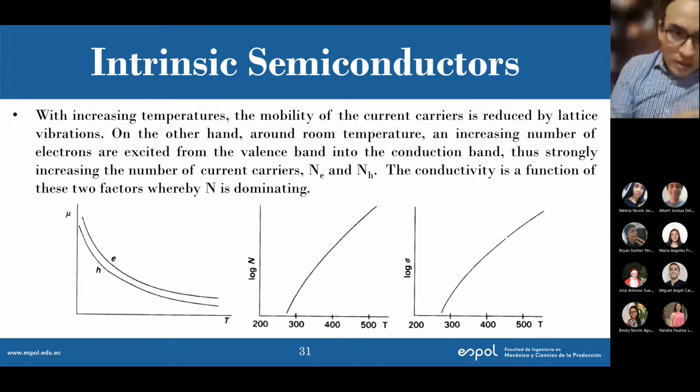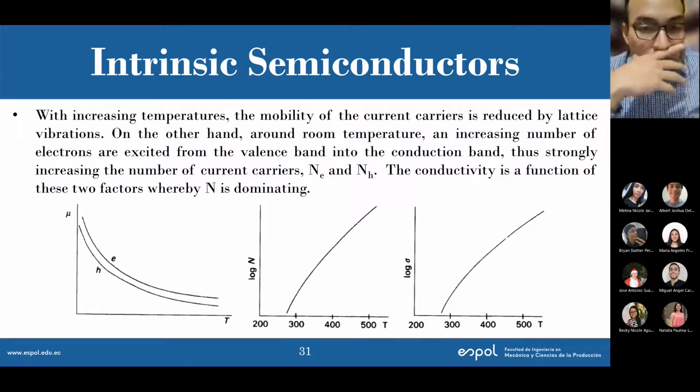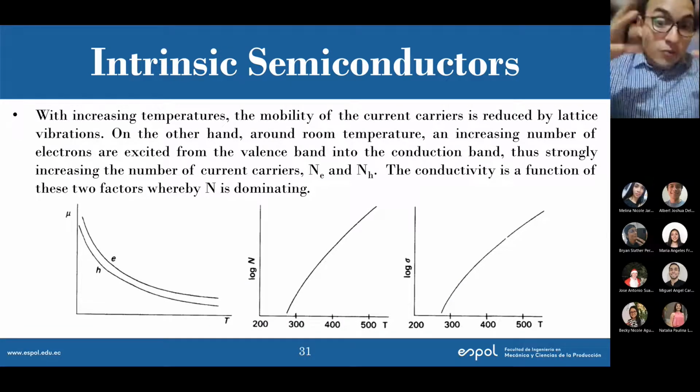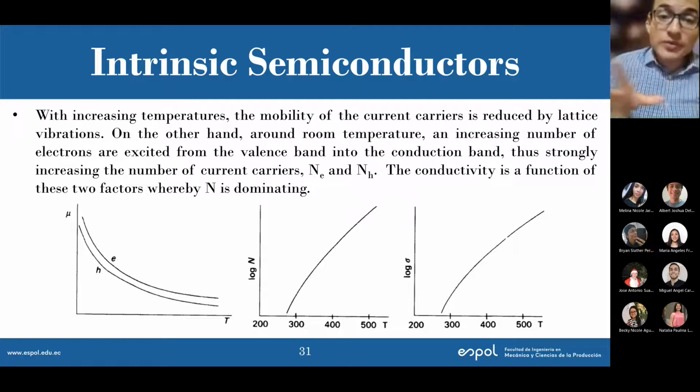Why? If you increase the temperature, obviously the mobility of those current carriers will be reduced. You tell me why? They are moving more. Electrons, if I increase temperature, move more. Yes, but the fact that everything, not only electrons, starts to move means that there will be more scattering.